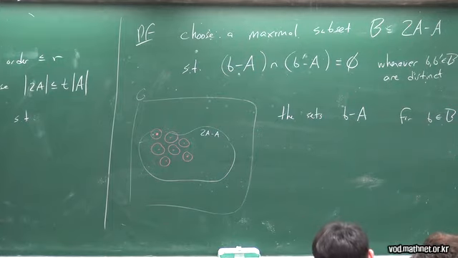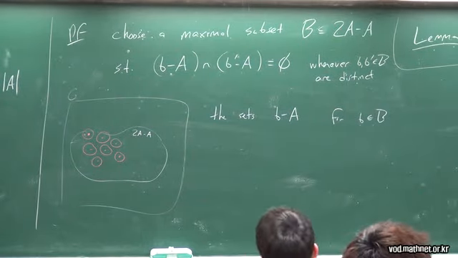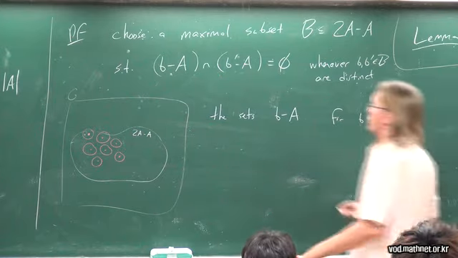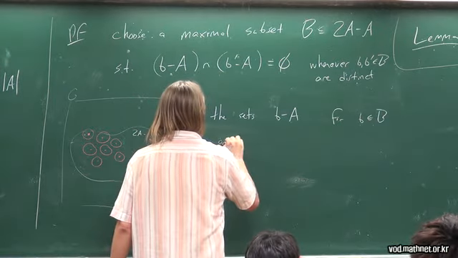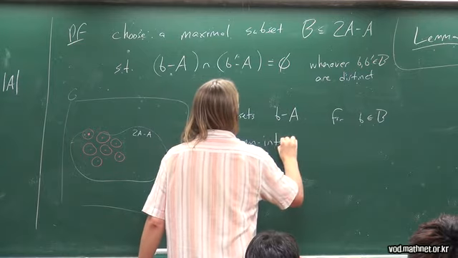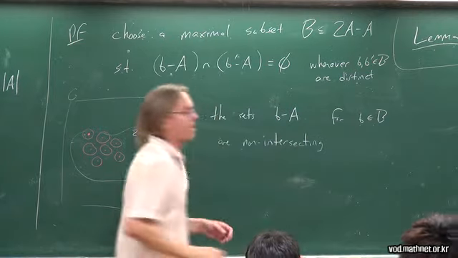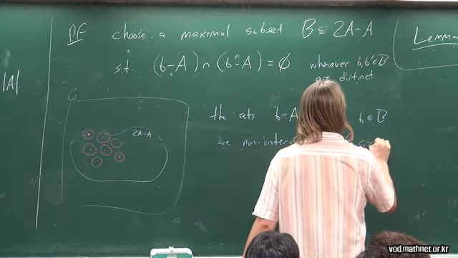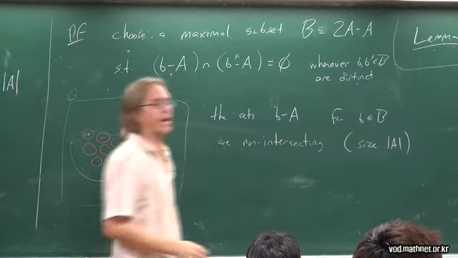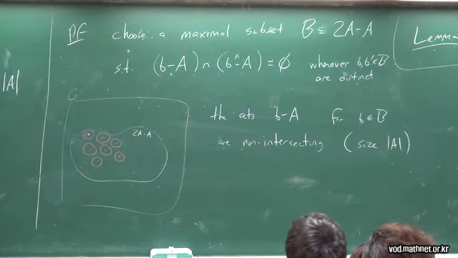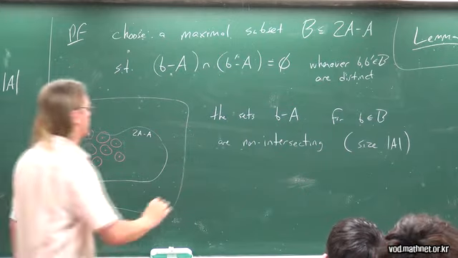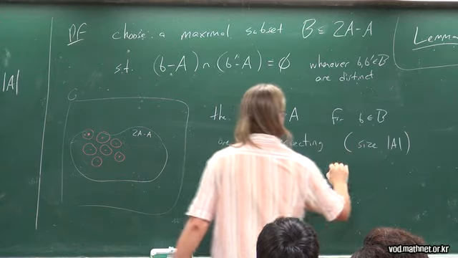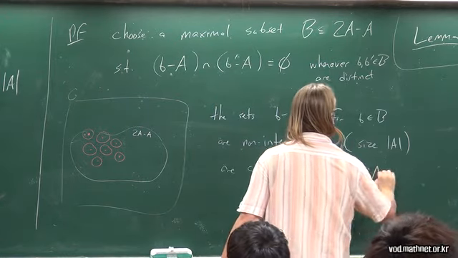By definition they're pairwise non-intersecting, and we know how big they are: each has size of A. But they all live in the set 2A minus 2A.